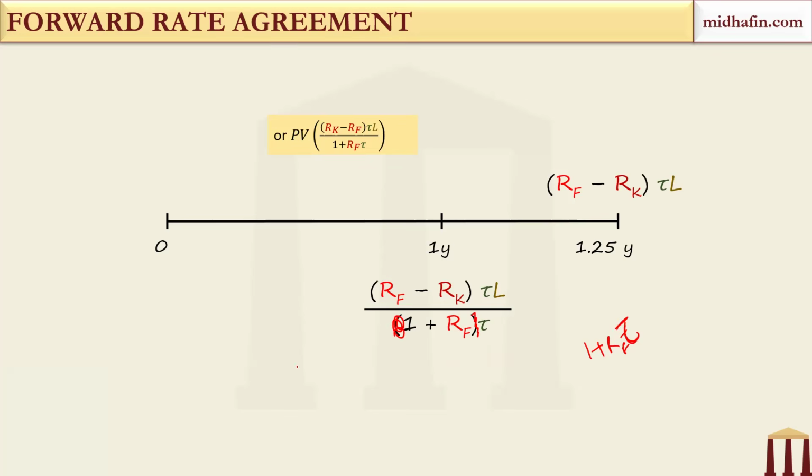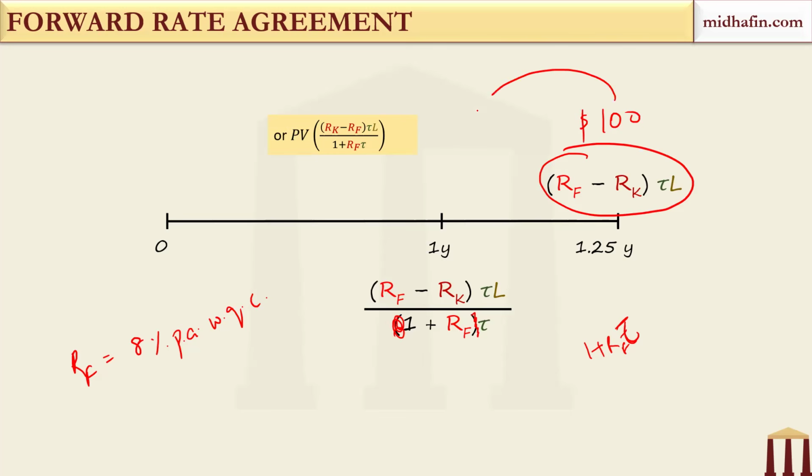See, if you want, I can just show you some numbers, if you're getting confused. Let's say you project that RF is, say, 8% per annum with quarterly compounding. And hypothetically, let's assume that this amount is $100. To discount this $100 to its present value with this interest rate, what is the formula you're going to use?